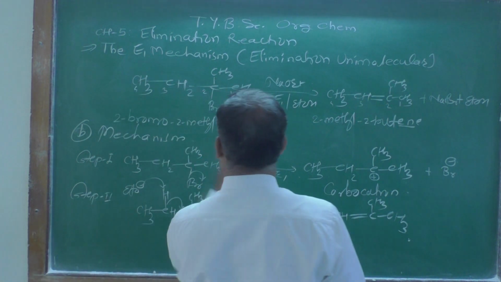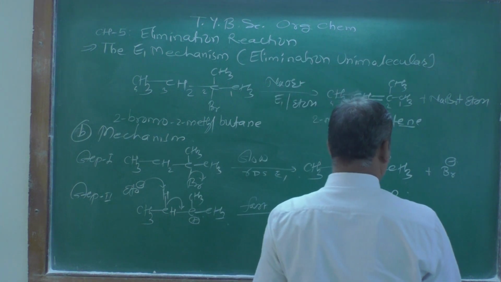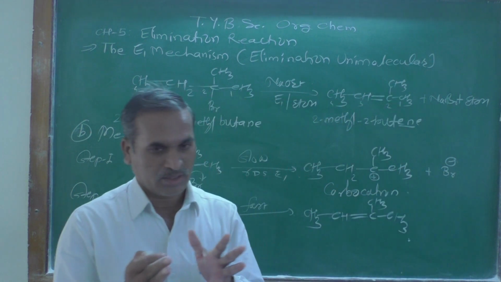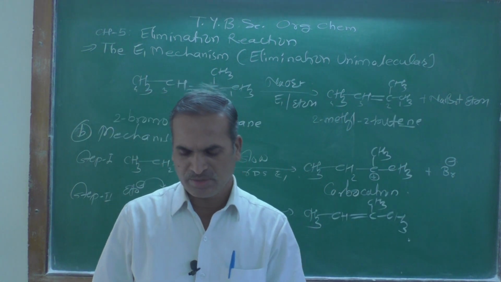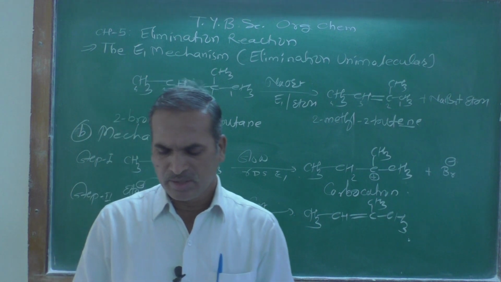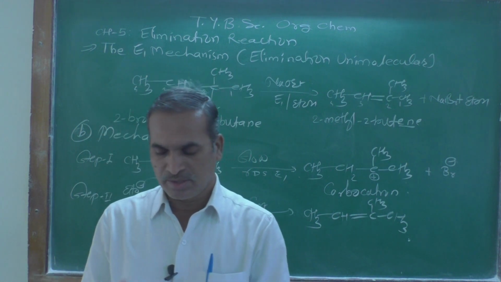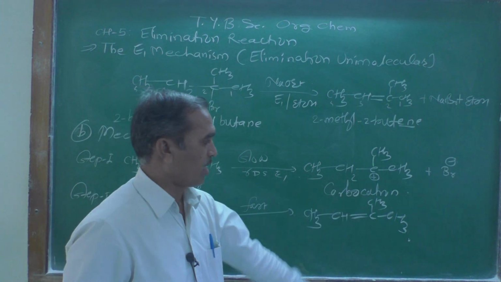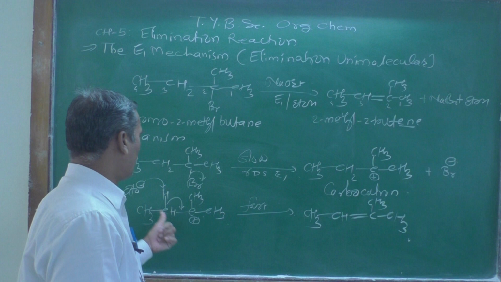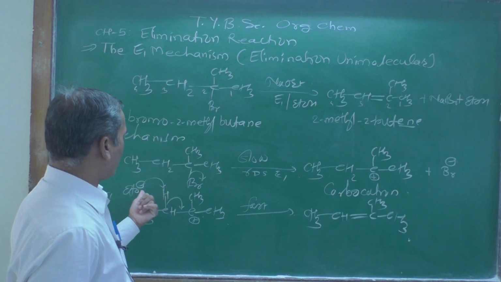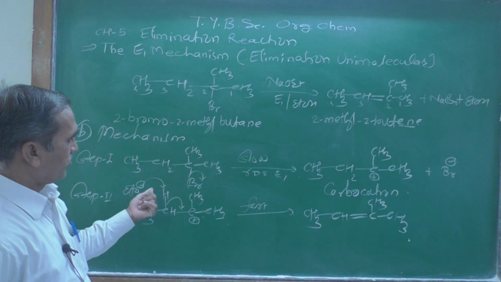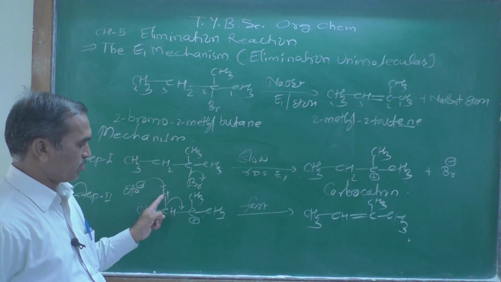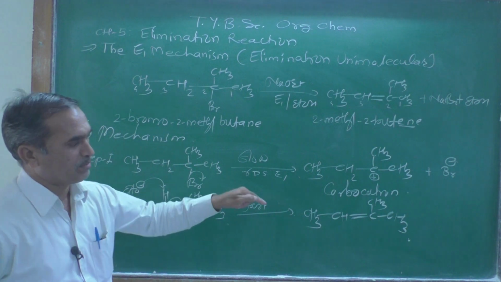When this E1 reaction takes place, that follows Saytzeff's orientation, as we know. In this reaction, the first step involves the formation of the carbocation, and the second step involves the abstraction of the C beta hydrogen atom by the base, and there is a formation of the alkene.